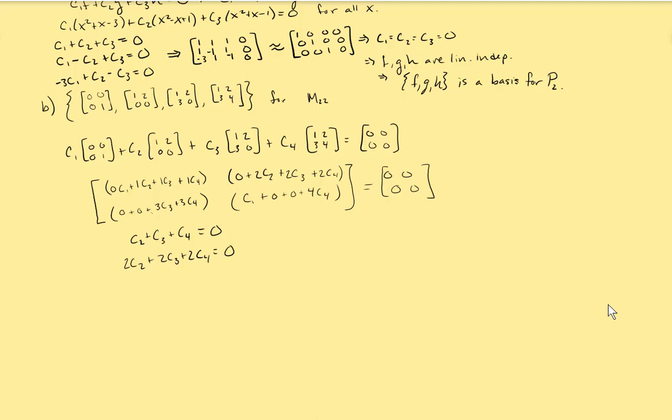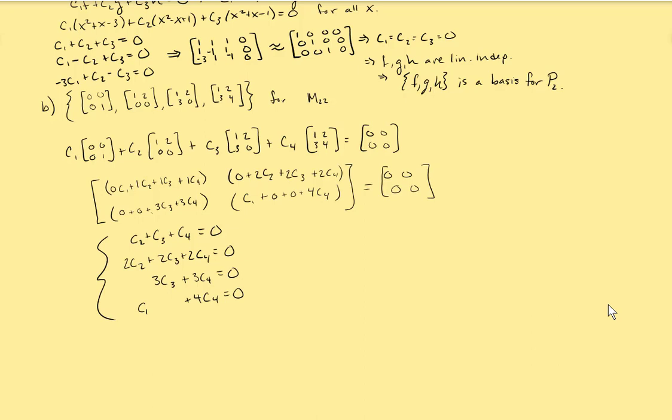Bottom left gives me 3C3 plus 3C4 equals 0. Bottom right gives me C1 plus 4C4 equals 0.